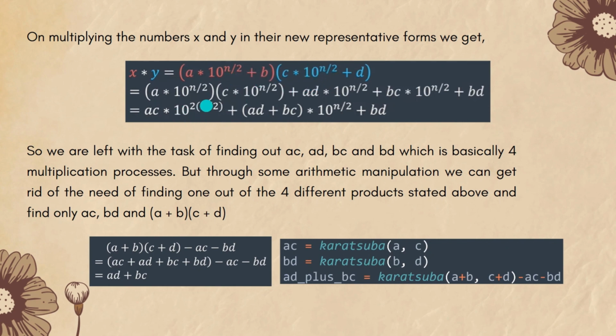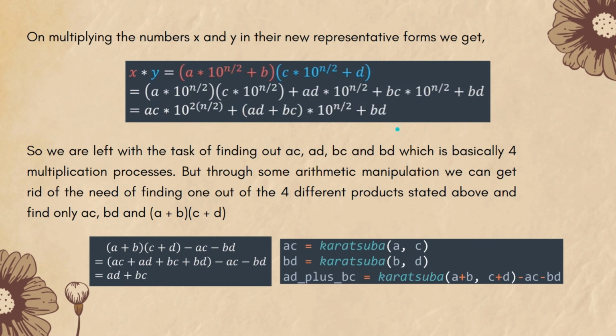So it gives AC into 10 power n, plus the first term of x multiplied by the second term of y, which is AD multiplied by 10 power n by 2, then BC multiplied by 10 power n by 2. Take 10 power n by 2 as common over here, so we get AD plus BC multiplied by 10 power n by 2. And finally, we are left with BD, so we get plus BD.